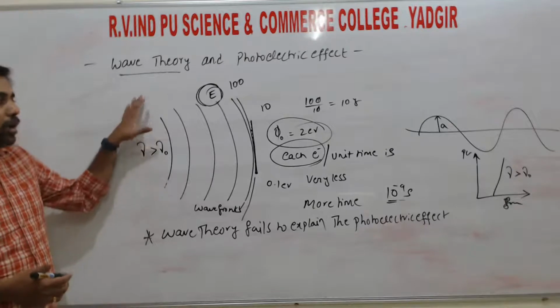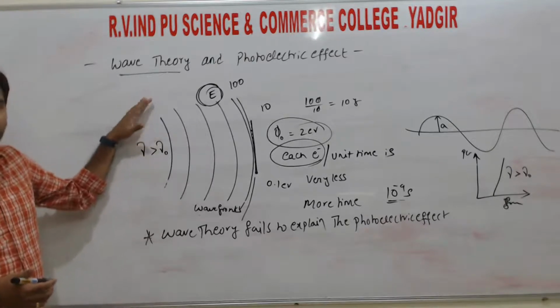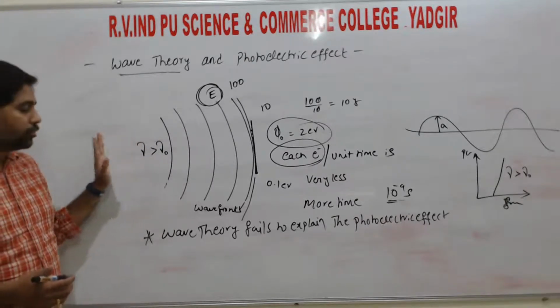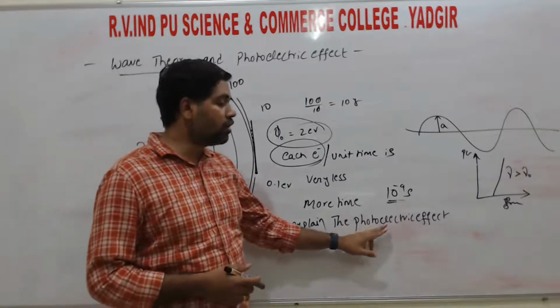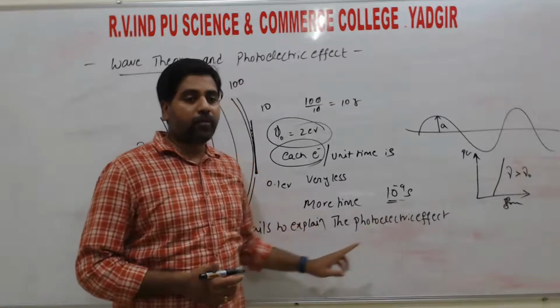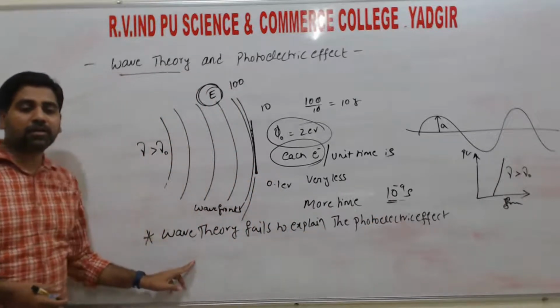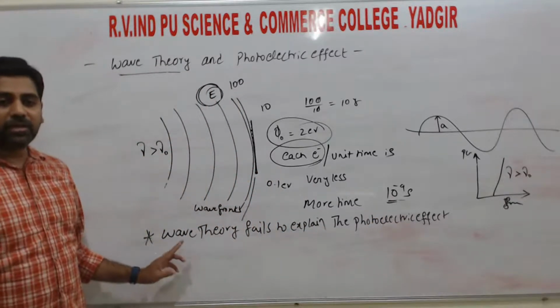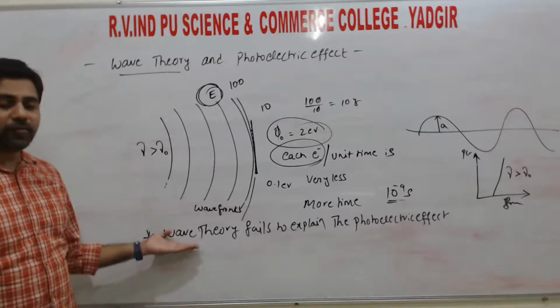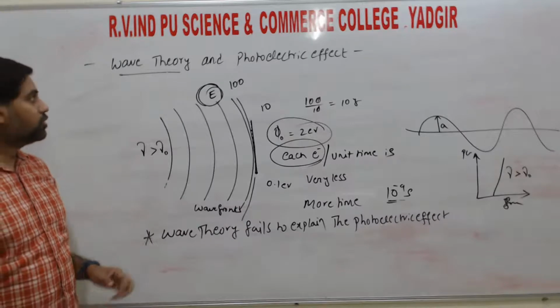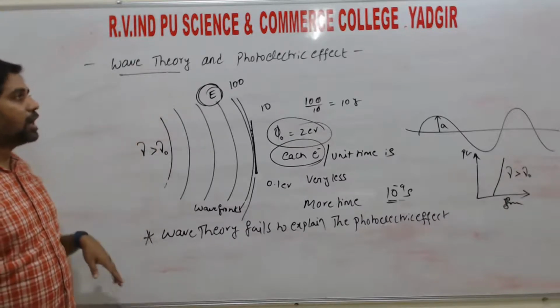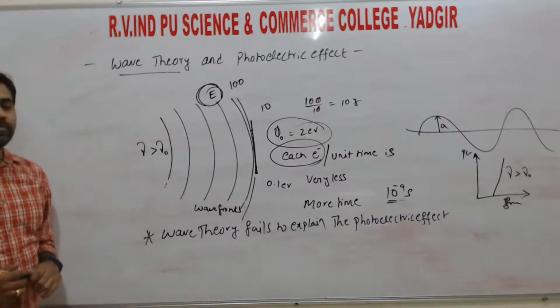So by explaining these three concepts, we can say that wave theory fails to explain the photoelectric effect. But wave theory successfully explains the phenomena of reflection, refraction, interference, diffraction, and also polarization. So this is about the wave theory and photoelectric effect.